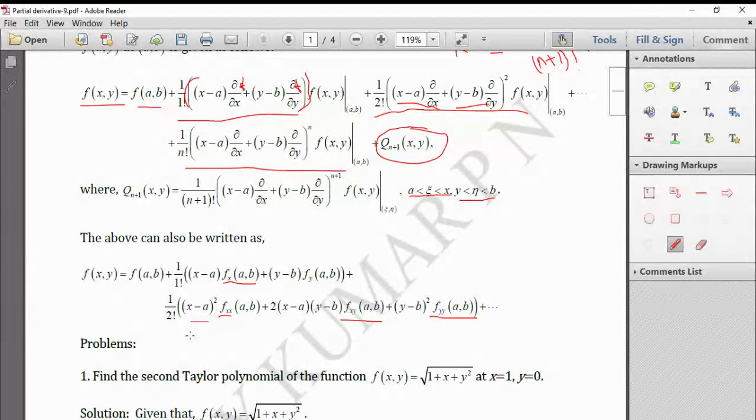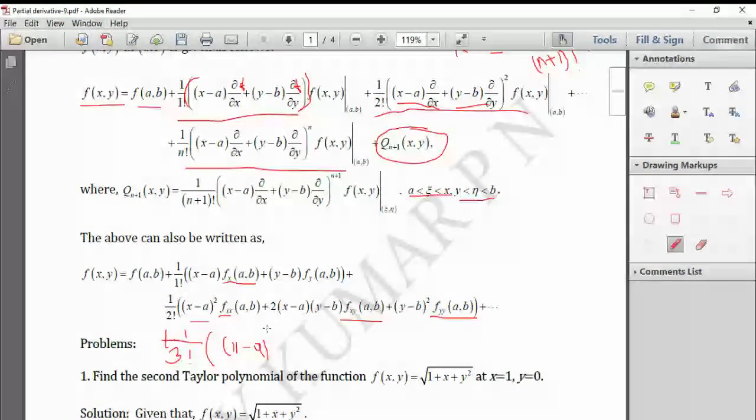Similarly, next one is 1 by 3 factorial of now (x minus a) whole cube, because you will get (a plus b) whole cube type.